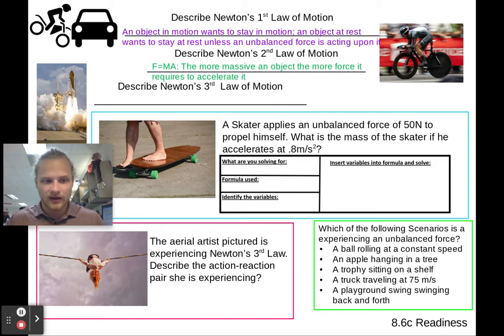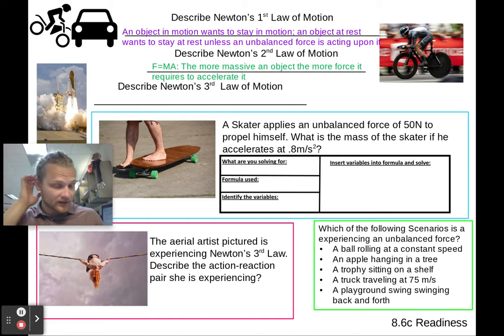Now we can get a better idea of how objects are going to behave. We can predict what they're going to do and how they're going to do it. So force equals ma is really, really important to us. Make sure to use your equation sheet and try to identify anytime you have numbers, is this a force equals mass times acceleration question?